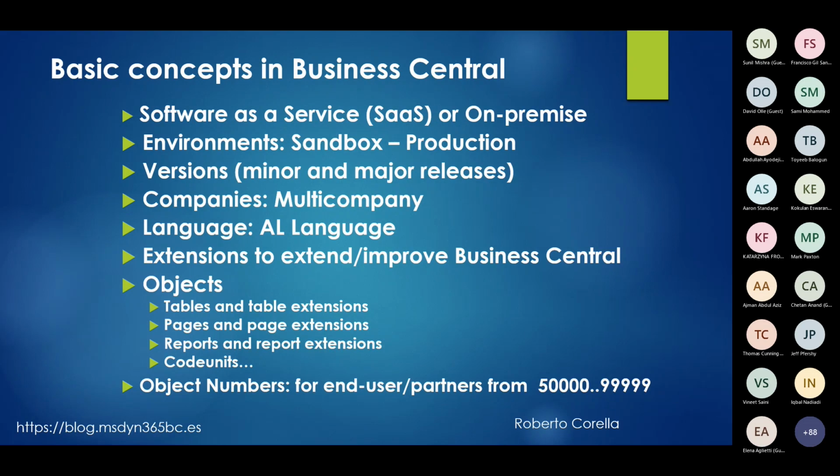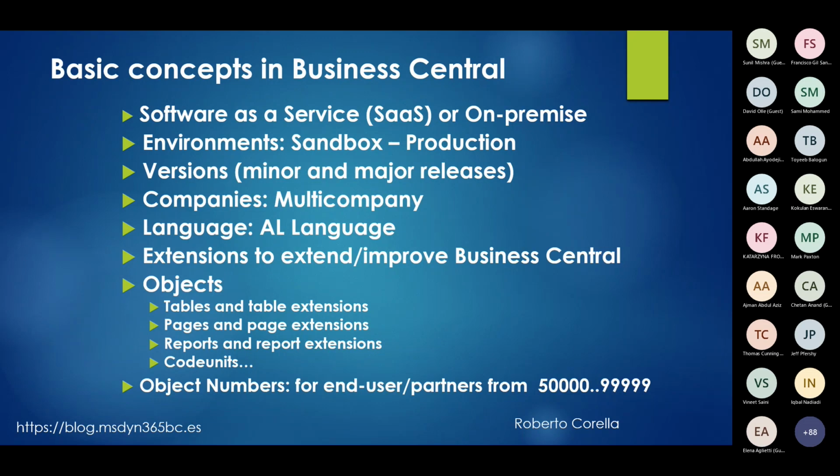I can show you only four of them: tables, pages, reports, and codeunits. All of them are the most common objects. We have more objects now, but these are the most useful objects in Business Central.